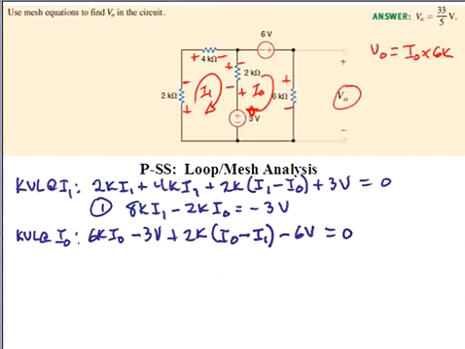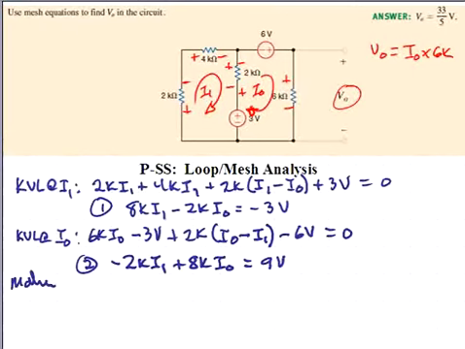Rearranging again, we have minus 2K I1 plus 8K IO is equal to 9 volts. And this we'll consider as our second mesh equation.